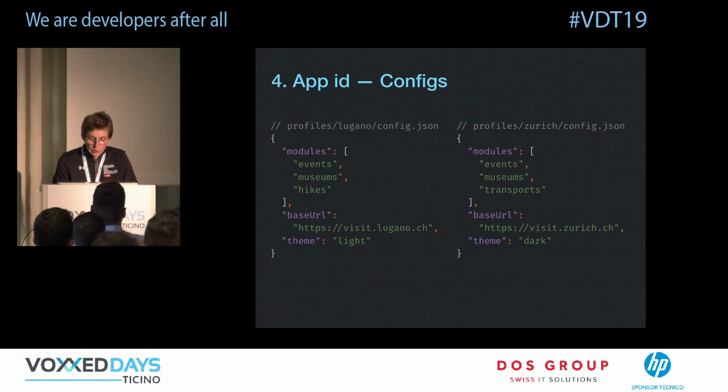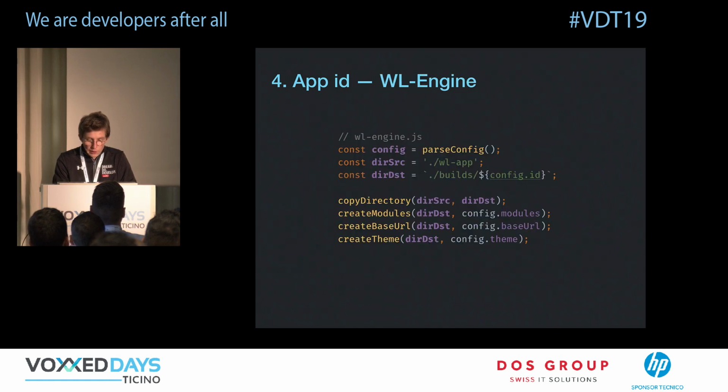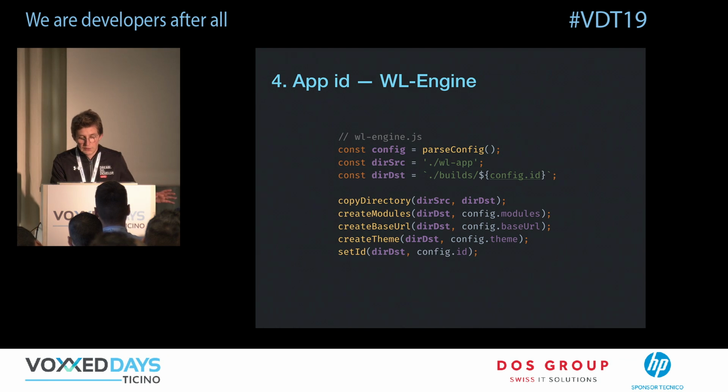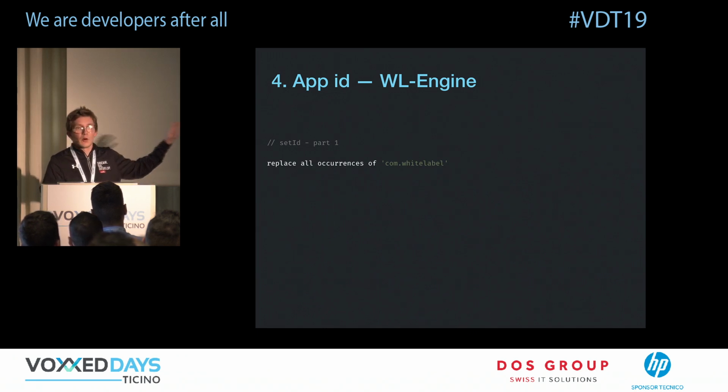We just open our configuration files and add the ID we want to select for the application, and the white label engine will take care of it for us. So we have a set ID step. The first part of this step is to replace all occurrences of com.whitelabel, which we saw at the beginning of the presentation.